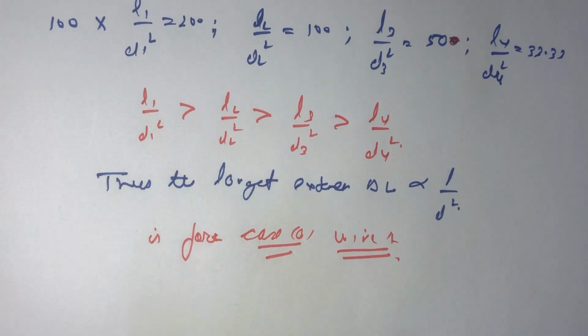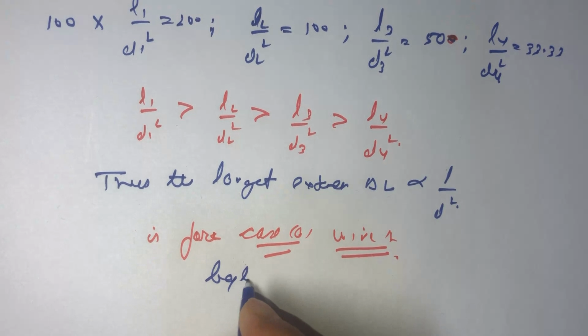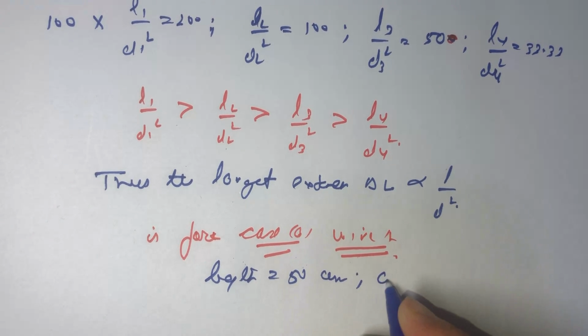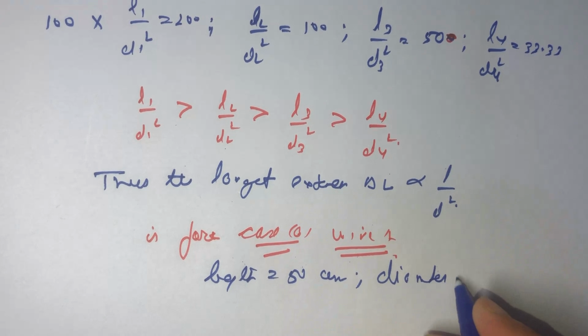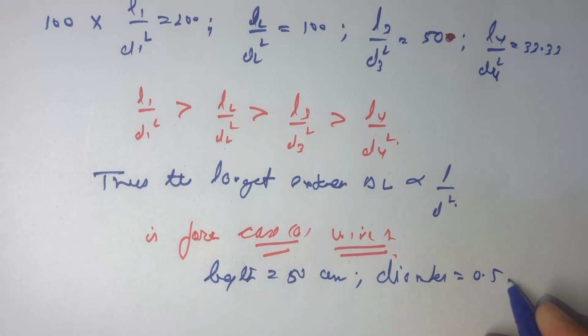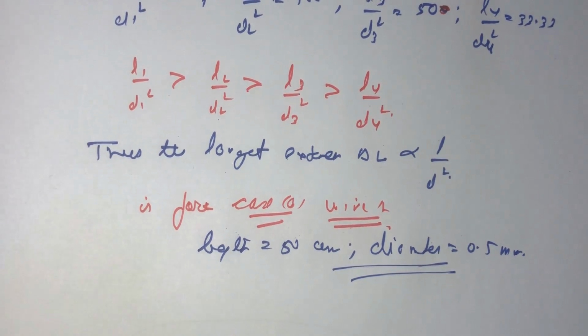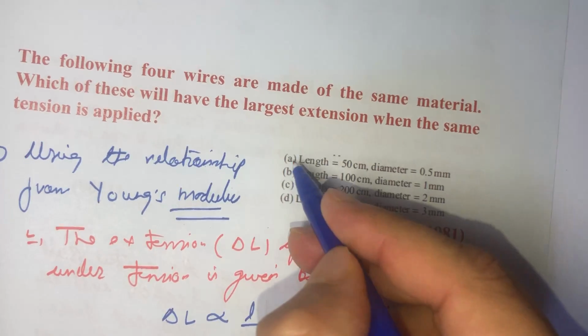And for case A, the length is 50 centimeter and diameter is 0.5 millimeter. So we have option A is the correct option.